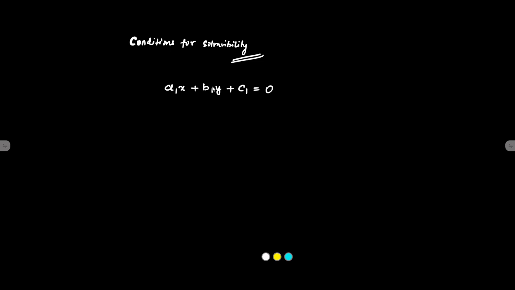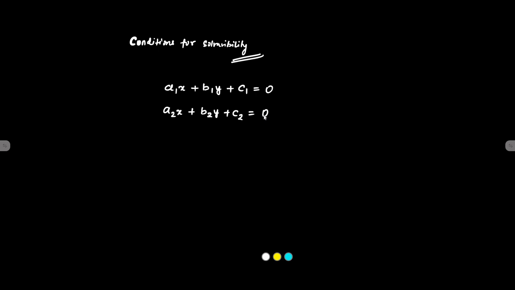This is the standard format where a1, b1 and c1 are real numbers. a1 is the coefficient of x, b1 is the coefficient of y, c1 is the constant, which has no other variable because there are two variables only. This is the first equation, and the second equation is a2x plus b2y plus c2 is equal to 0.